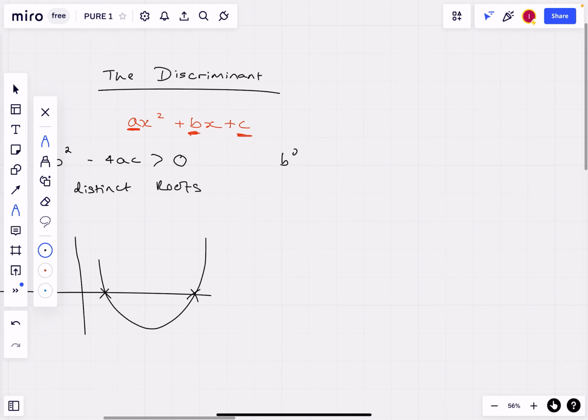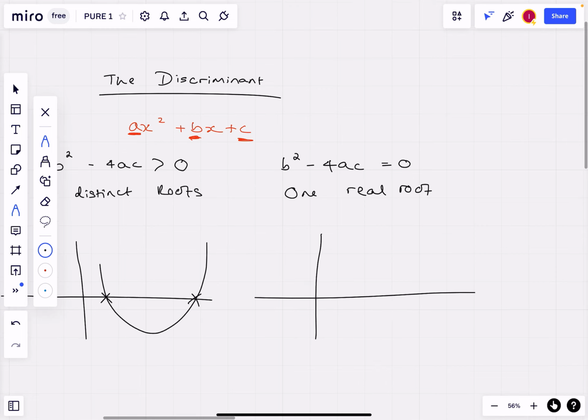If your b squared minus 4ac is equal to 0, that means you have one real root. So it just touches your x-axis at one point, like that.